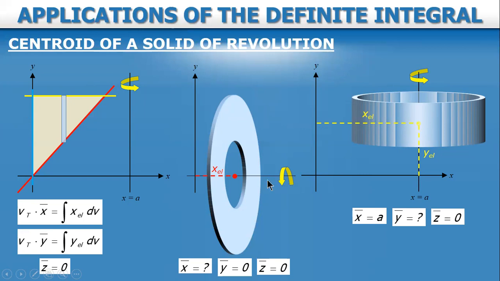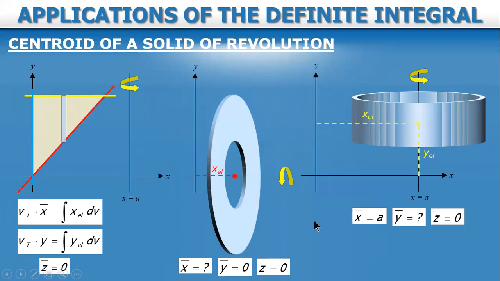Example, if this area is revolved not about the x-axis, but about the line y equal to -2, therefore our y bar will be -2, because y equal to -2 will be the center of our circular ring.